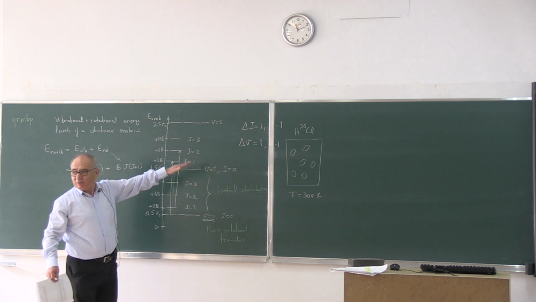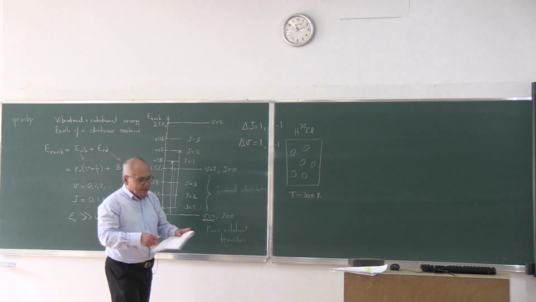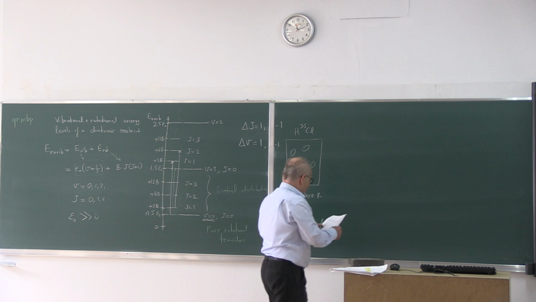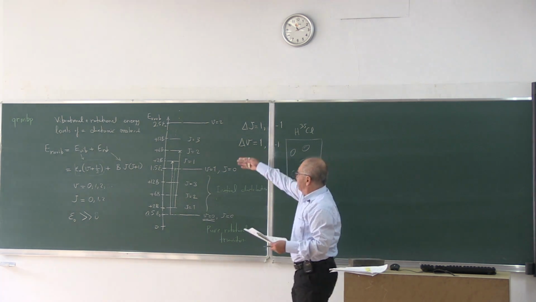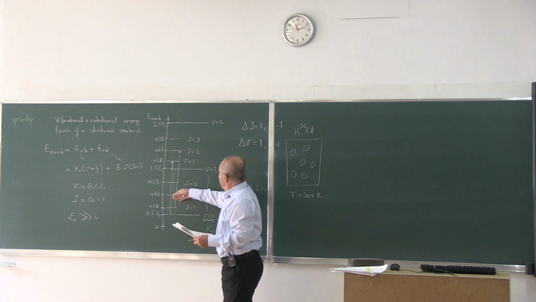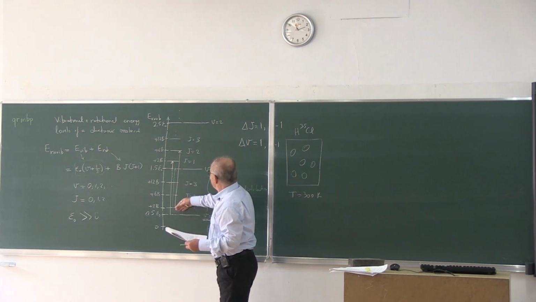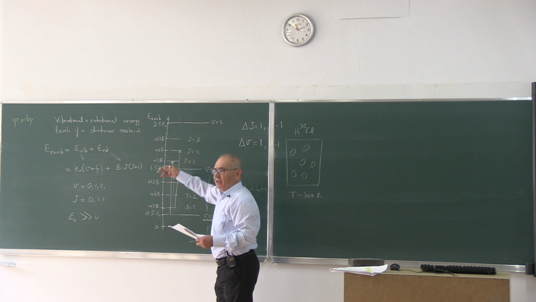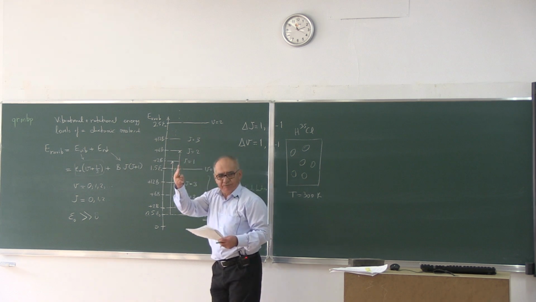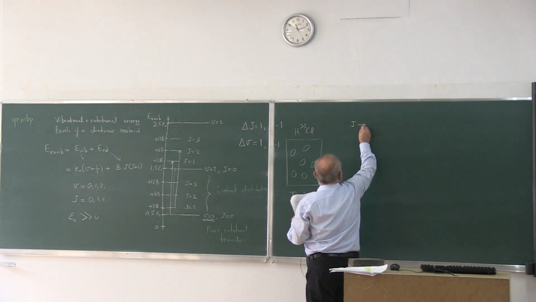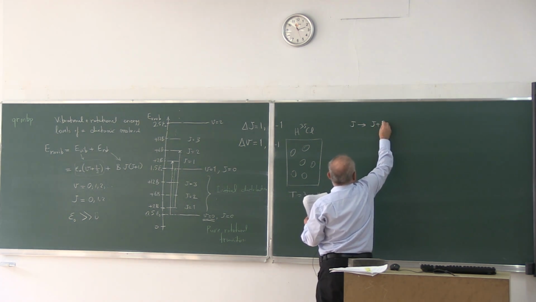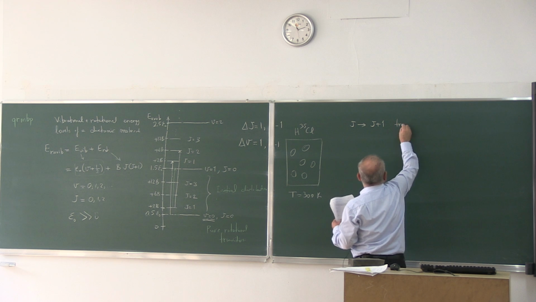So this is a graphical way of showing the transitions, but in general, we can divide the transitions into the upper vibration levels into two types. In one type, J to J plus 1 transitions.